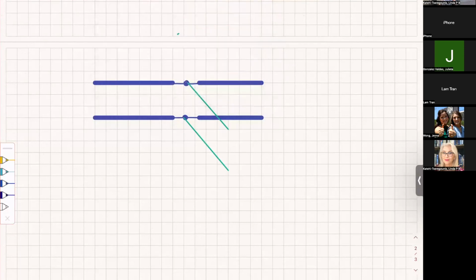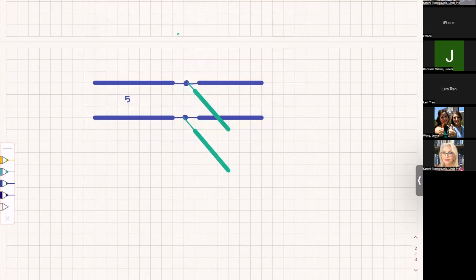And then we don't know whether it's open or short, but what we know is that this characteristic impedance is 50 ohms.